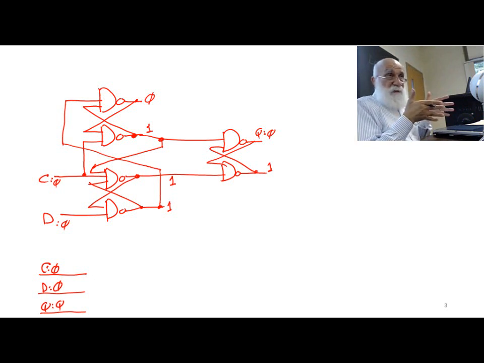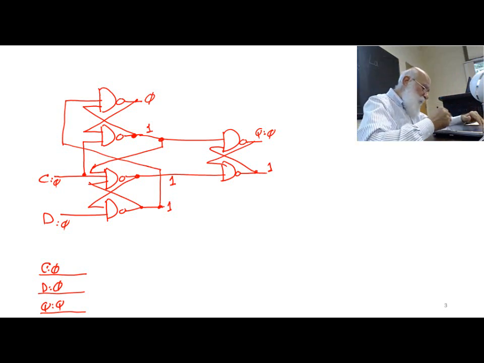Once I change the input, I will propagate that change only to the gate where the change has happened, and then if there are events following that, I will just follow the events.